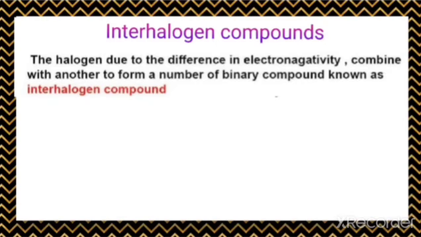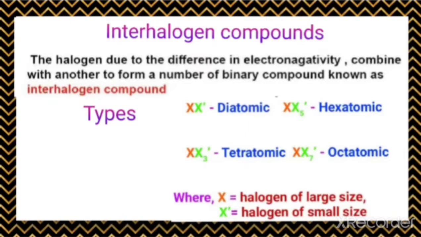Let us see what the types of it are. We represent X as a halogen. X dash is also a halogen, but a different halogen. So XX dash is diatomic because two atoms are involved. XX dash 3 is tetraatomic, one X and 3 X dash.